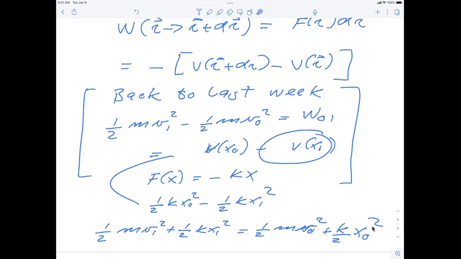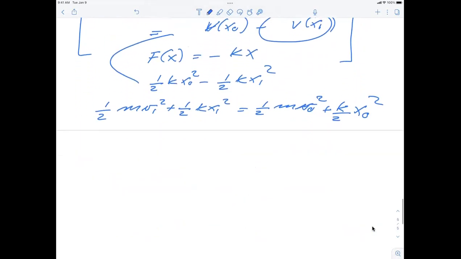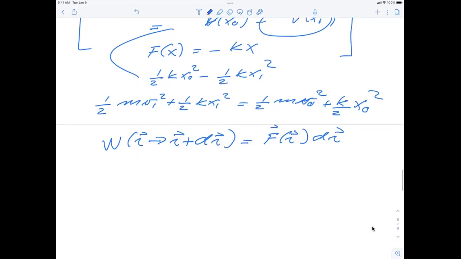So what I can do now is the following. Let me just bring this up again. For this very, very small displacement, we have a V going from r to r plus dr. And this is given by the force acting on this small displacement, which is given by minus V of r plus dr, and it has a minus here of V of r.